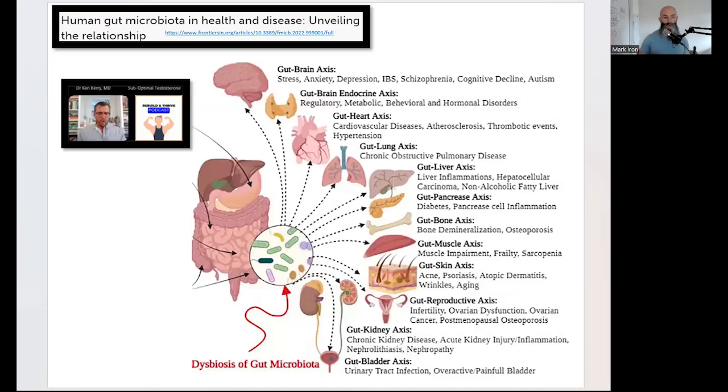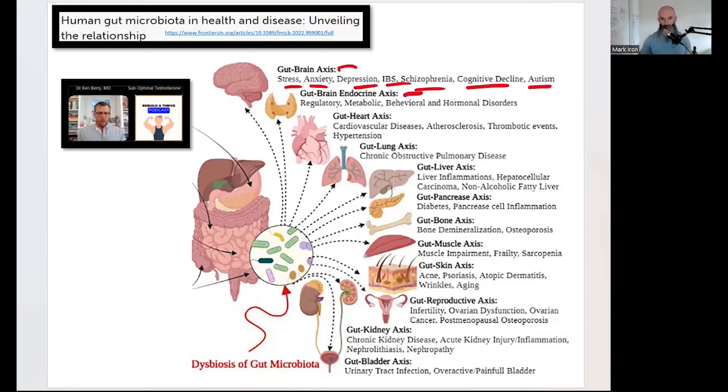Now, this is why we say that the gut is foundational. Because your gut has a brain, it's called an enteric nervous system, around 600 million neurons. And look at the organ systems that it's speaking to, including the thyroid hormone there. It's just not listed here. But the brain: stress, anxiety, depression, IBS, schizophrenia, cognitive decline, autism, brain fog, and hormones, the endocrine axis.